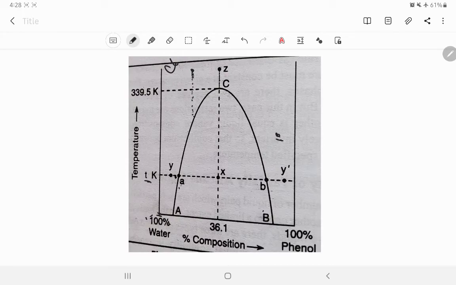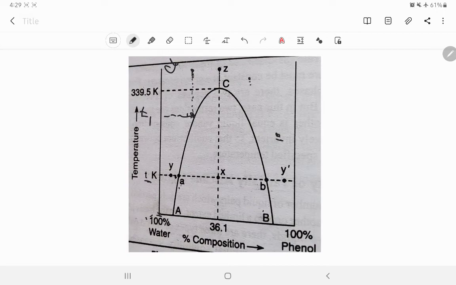But at this temperature, say T1, two layers are separated. Then it is the saturated solution. Exactly at this point, it is the saturated solution of phenol in water. Why? Water is more percent here. If we take to this side, it is the unsaturated solution of water in phenol.